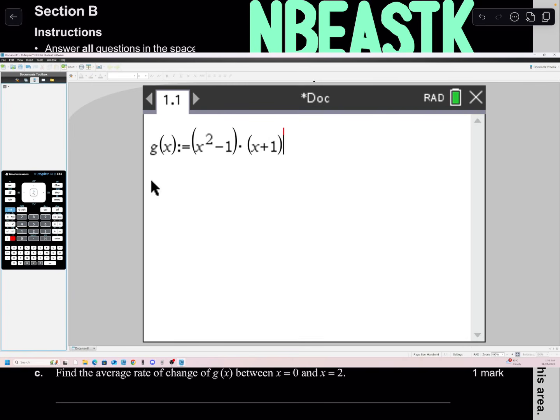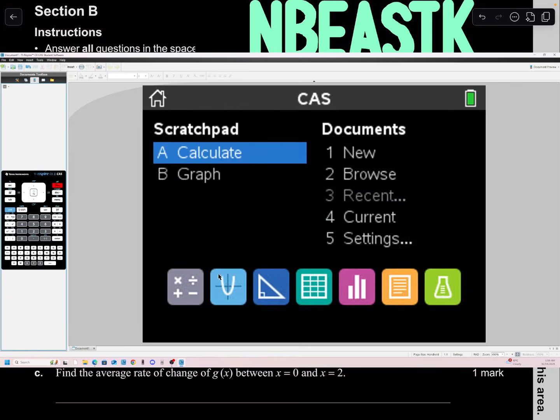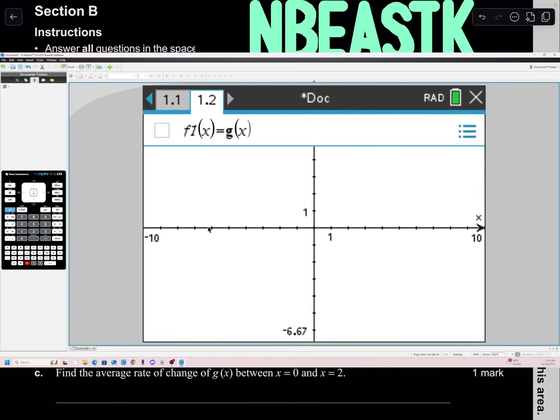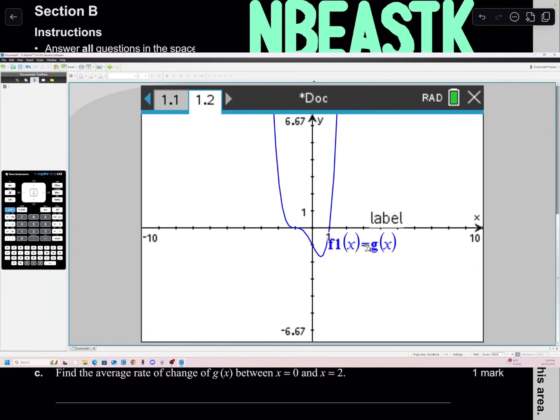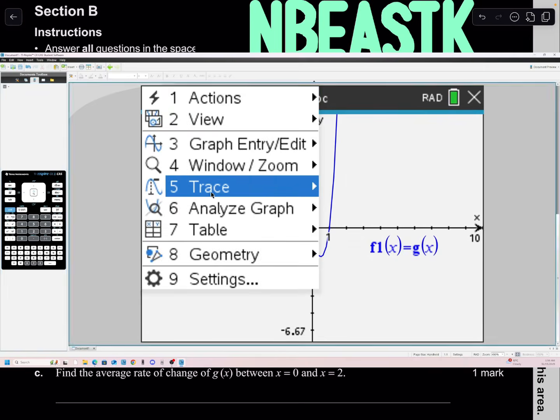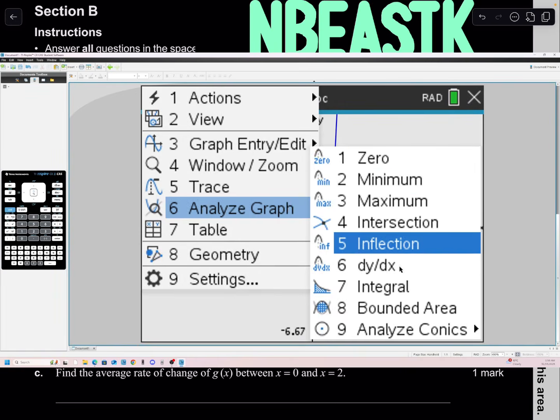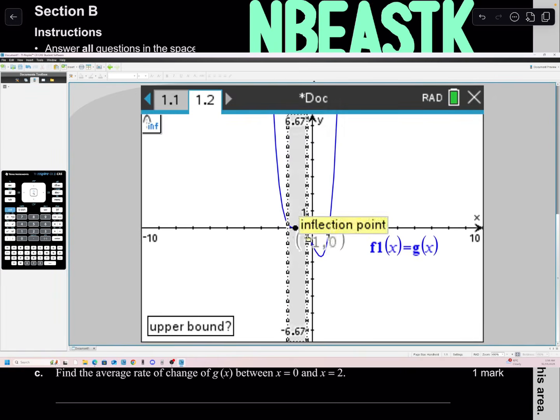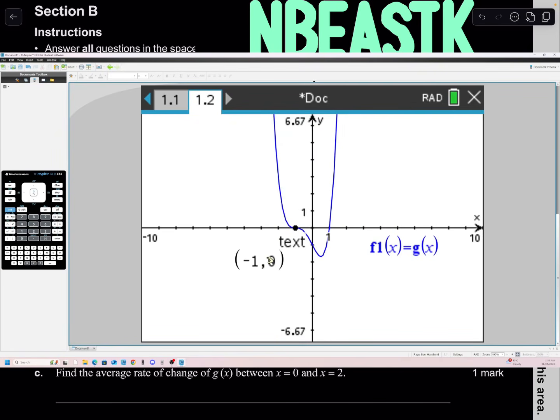Now, the most obvious thing you can do in this case is graph it. Just go into graph, g of x here, and you can see that this is a minimum turning point, but we want a stationary point of inflection, and we can see it's over here. So we can just go to menu, analyze graph, and inflection point. There it is, -1, 0. But we only want the x value, so it's -1.